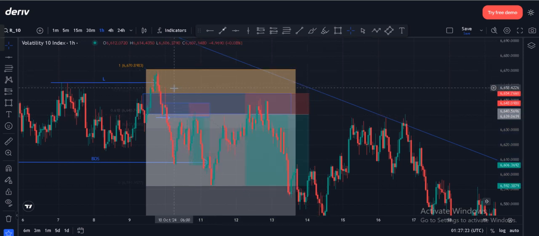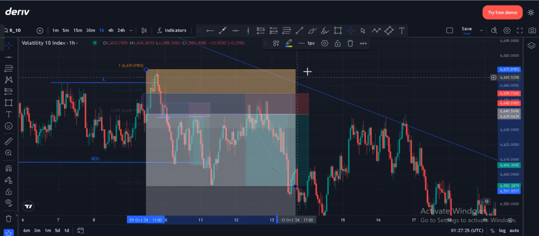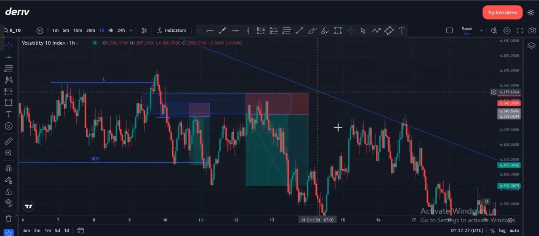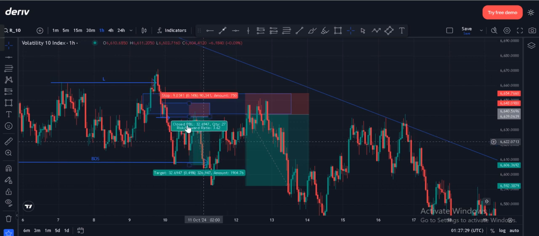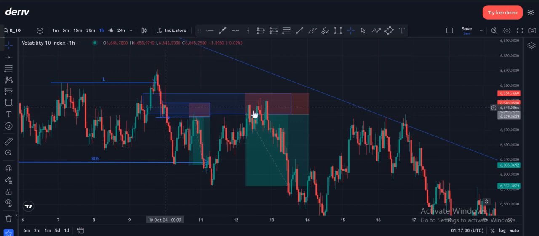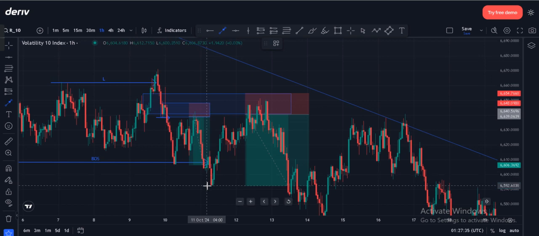So this being the case, we can now find out that market just got to take profit, which created a new breakout structure.